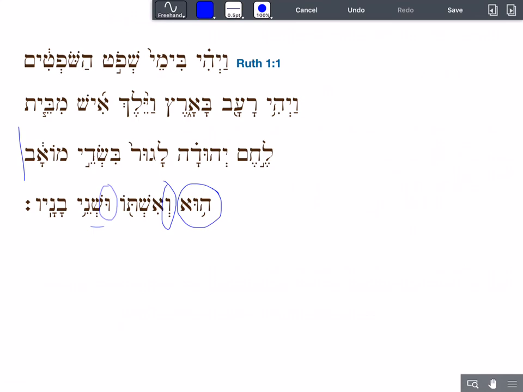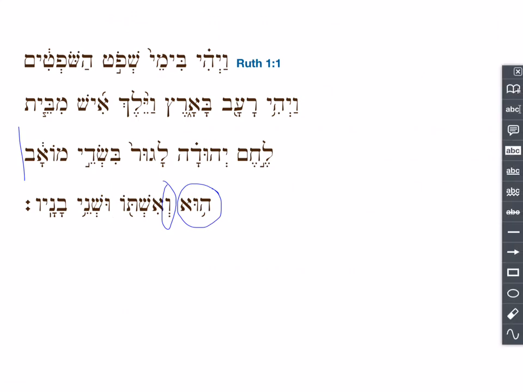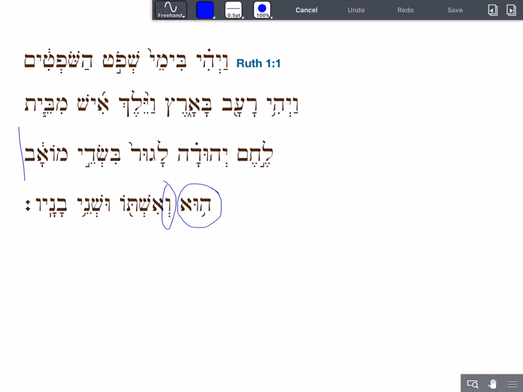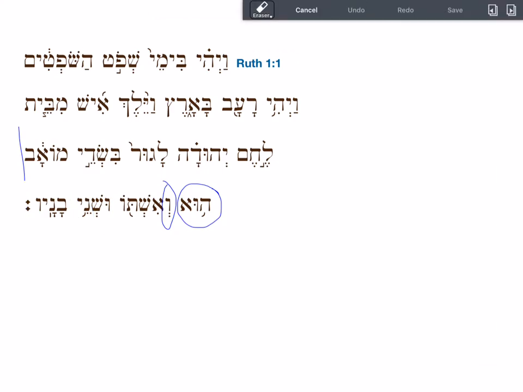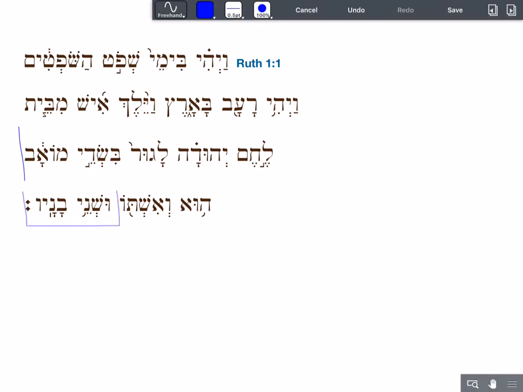So we have ushnei vanav. It's interesting, I like to think. We have the masculine plural construct ending again, so we have yet another construct package. Let me do some erasing here. So we have another construct package, and his 2 sons.